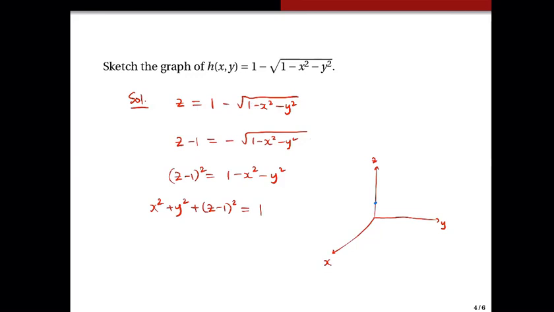So this is the center here, and the point 0, 0, 0 is on this part. That satisfies this equation, and this is below or lower than the center. Therefore, we get the lower hemisphere. Okay?